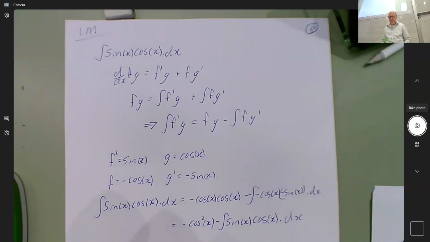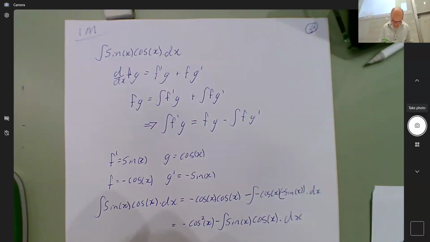So I've just said the integral of sine of x cos of x is equal to minus cos squared of x minus the integral of sine x cos x. That sounds like a really silly plan, but it's an equation, so that thing and that thing are the same. And my principle is I collect like terms, right? Love the plan? Surely you've seen this before.